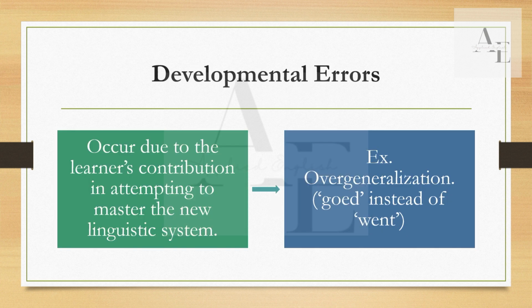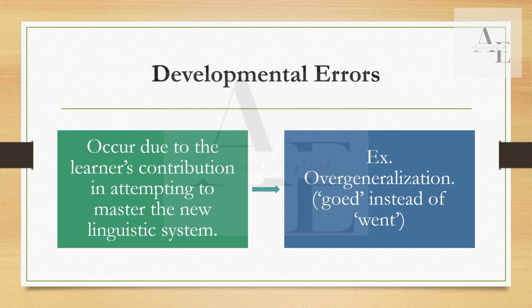So what do I mean by developmental errors? These errors occur due to the learner's contribution in attempting to master the new linguistic system. So when the learner tries to learn the language, he makes certain errors that we call developmental errors, like overgeneralization, when they over-apply rules when they are not applicable, like when we say goed instead of went.